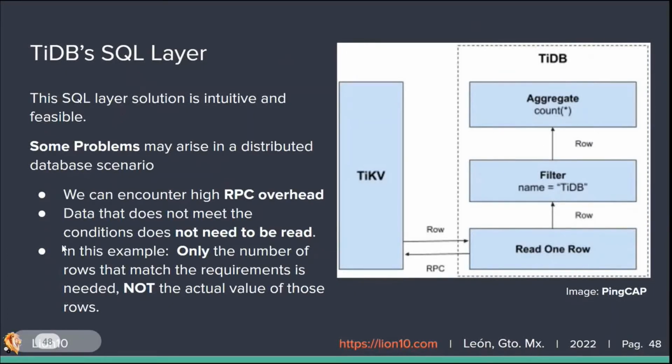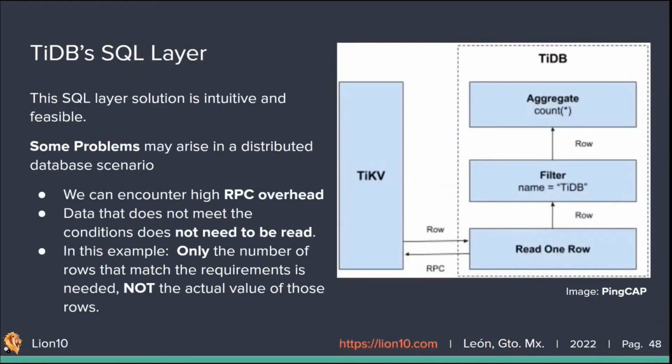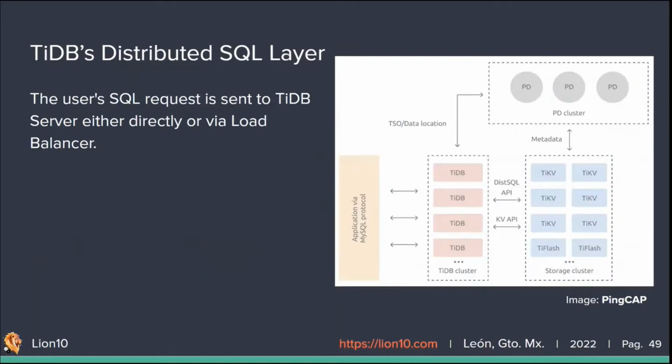So that's what this means right here. In this case, we're doing some extra effort or extra computation that's not really needed. In the next slide, we're going to talk about the distributed SQL layer, not just the SQL layer portion.